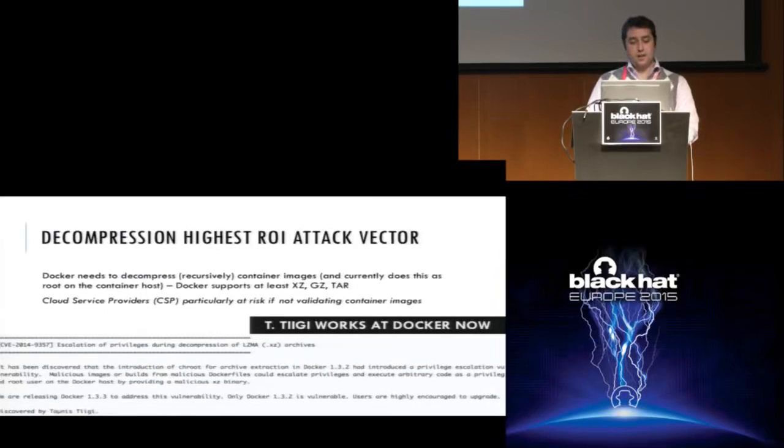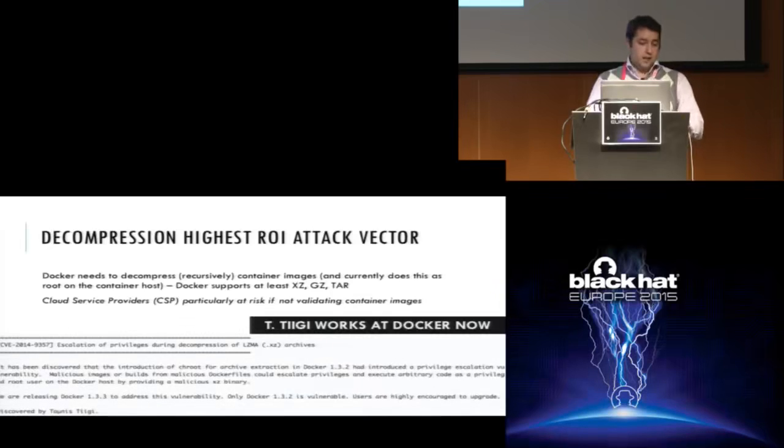So this is kind of interesting. There actually wasn't public exploit code released for this, but I think if you were to attack the Docker system, this is the highest ROI place to spend your time: all of these decompression algorithms. This is a guy who finds a 0-day bug in the XZ decompression parser in Docker.